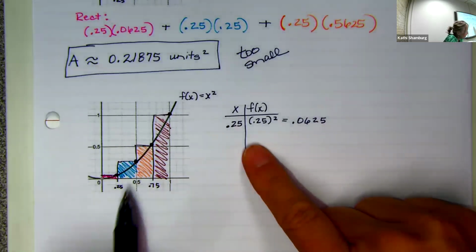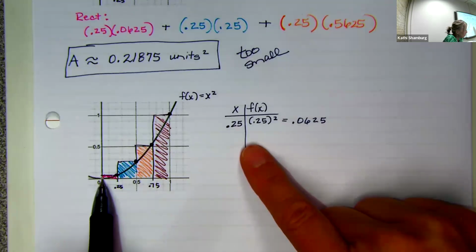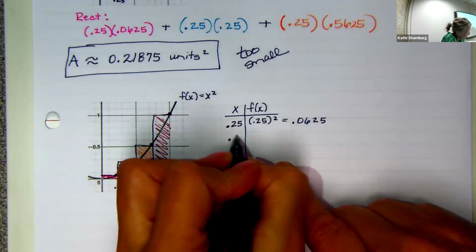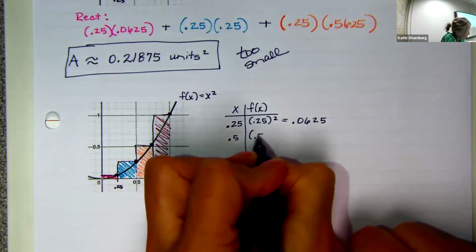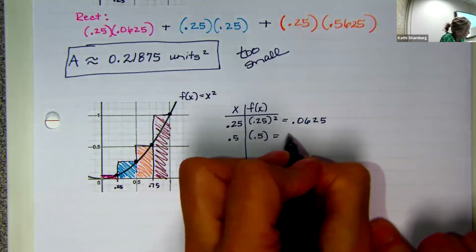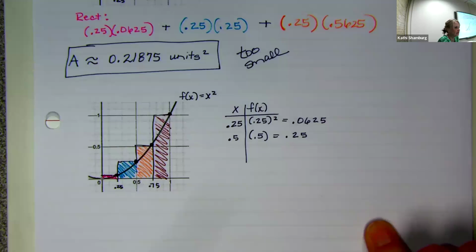All right, then we want to look at this rectangle. And again, on the t-table, from the origin, we would go over 0.5. That's your x coordinate. And then we would square it because that's the given equation. And we actually calculated that on our prior t-table, and that's 0.25.